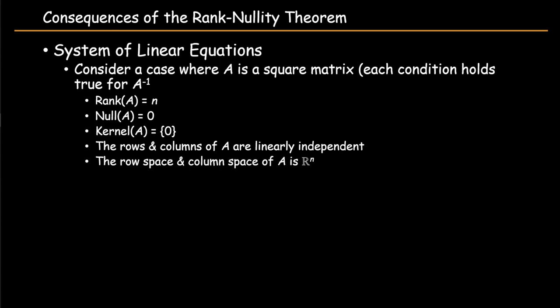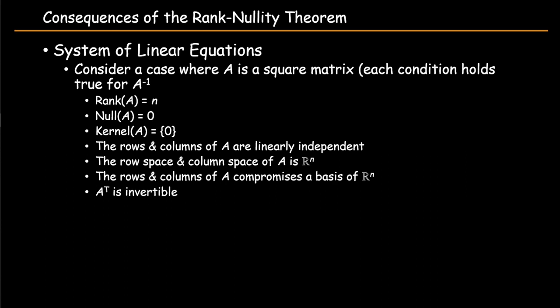And so now the rows and columns of A comprise bases of R of n. And then the last couple are ones you've seen before: the transpose of A is invertible, the determinant of A is not equal to 0, and the row reduced echelon form of A is the identity matrix.